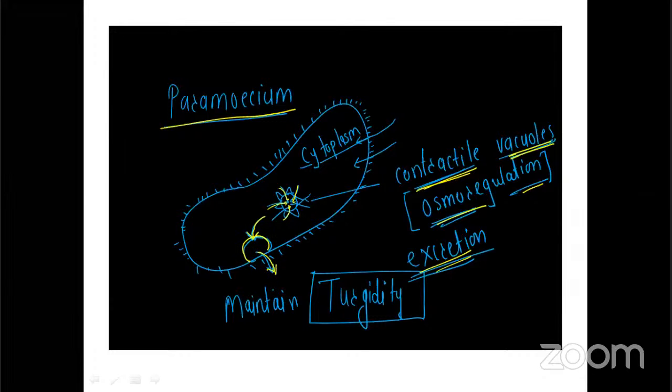In this way, these contractile vacuoles maintain the water pressure or the turgidity of the cell. So water pressure inside the cell cytoplasm is maintained by the contractile vacuoles. So this is all about the vacuoles.